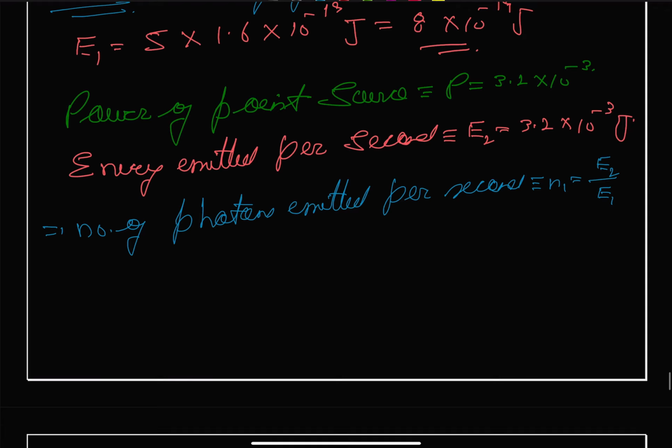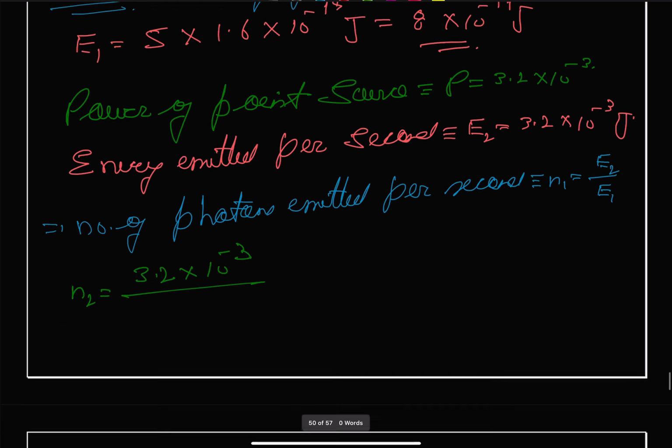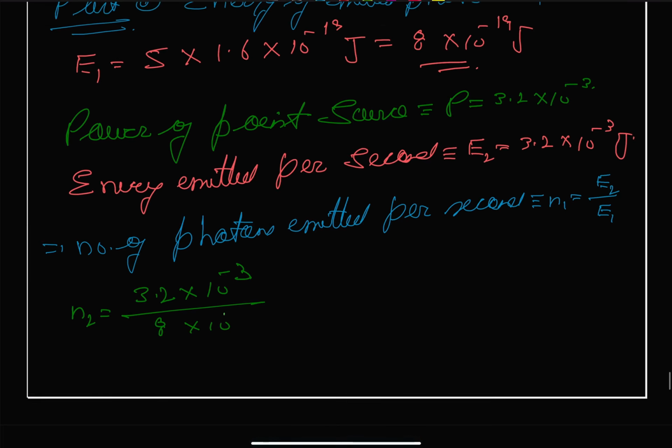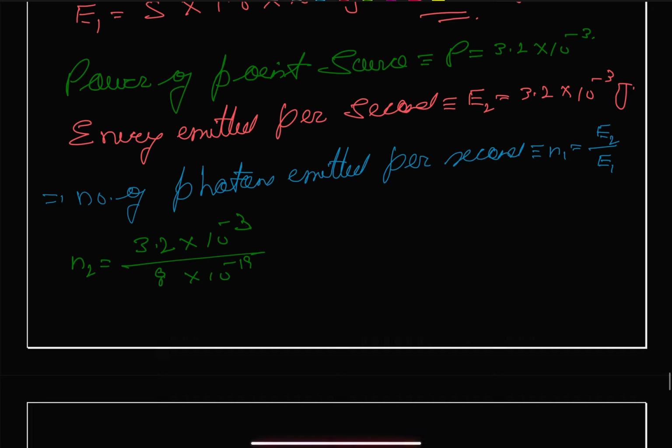We substitute the values of E2 and E1. So we get N1 is equal to E2 is 3.2 into 10 to the power minus 3, and E1 is 8 into 10 to the power minus 19. So we get our N1 is equal to 4 into 10 to the power 15.